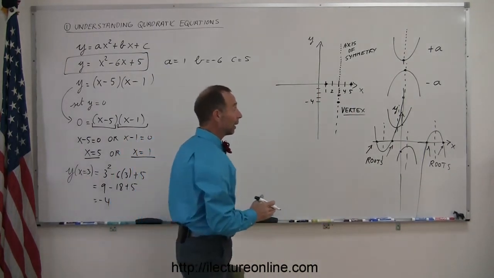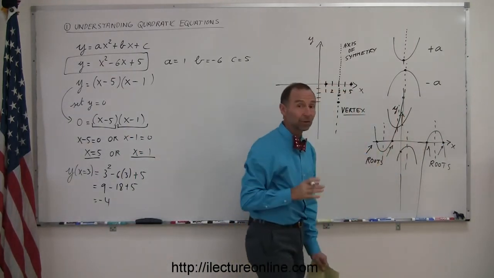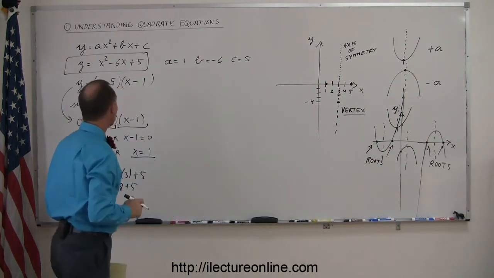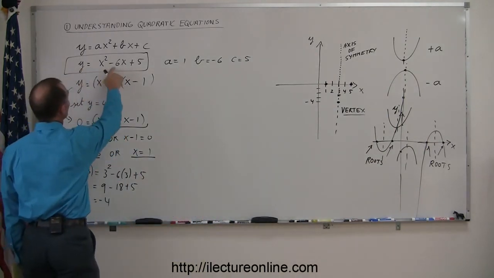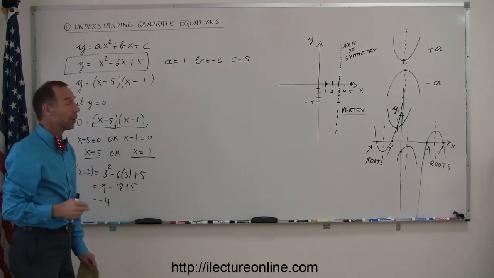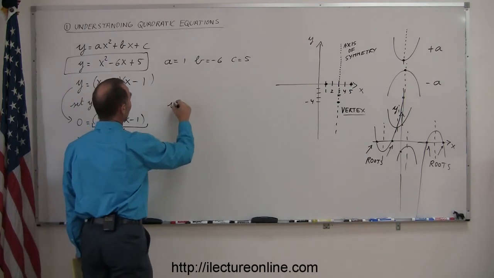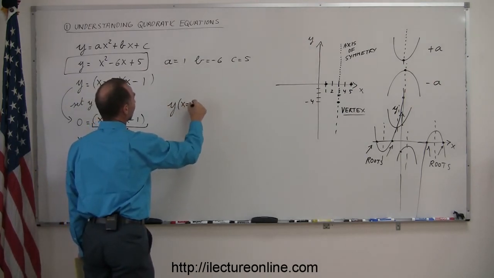Well, remember, anytime you cross the y-axis, that means that the x value must equal 0. So to find that particular point, we take our initial equation again and plug in 0 for x to see where the parabola crosses the y-axis. So I'm going to solve for y when x is equal to 0.